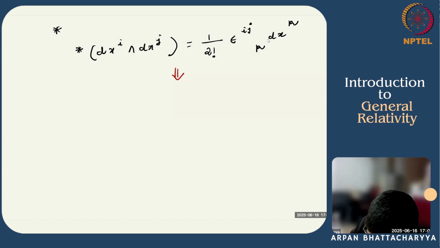Sorry, one typo. This should be d minus p, so d is 3, p is 2 for the 2-form. The factorial will not be there, so d minus p is 1 factorial.